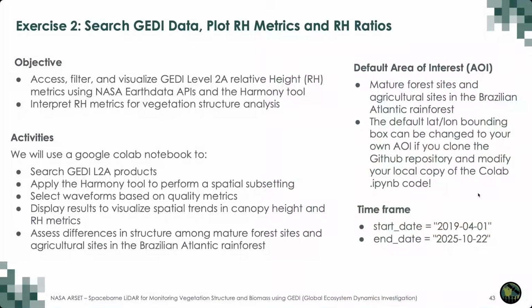The basic steps are to order the datasets, to do a spatial subsetting, and then we're going to import the results into a Google Colab notebook. We're going to do some filtering based on existing quality metrics, and then display in QGIS. So we're going to get started by looking at the repo and opening the Colab notebook.